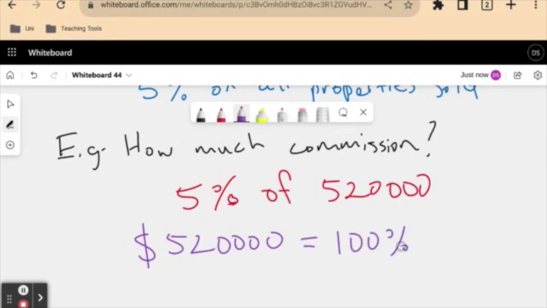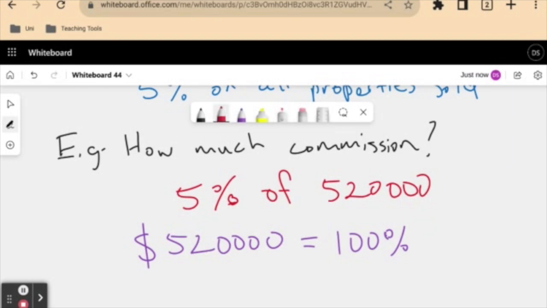This is 100% of the price of the house, right? Because that just makes up our whole. Now, we want to get this 100% to 5%. How could we do that? Well, 5 is a nice round number, and 5% goes into 100% 20 times.